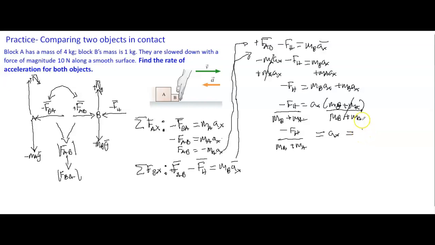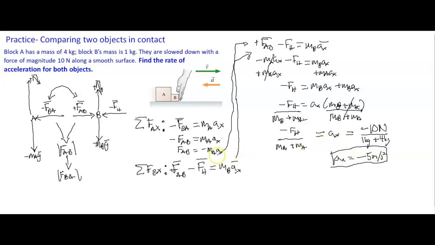The hand force has a magnitude of 10 newtons, directed to the left. Over the combined masses: block B is 1 kilogram, and block A is 4 kilograms. So the acceleration is equal to negative 10 newtons over 5 kilograms, which is negative 5 meters per second squared.